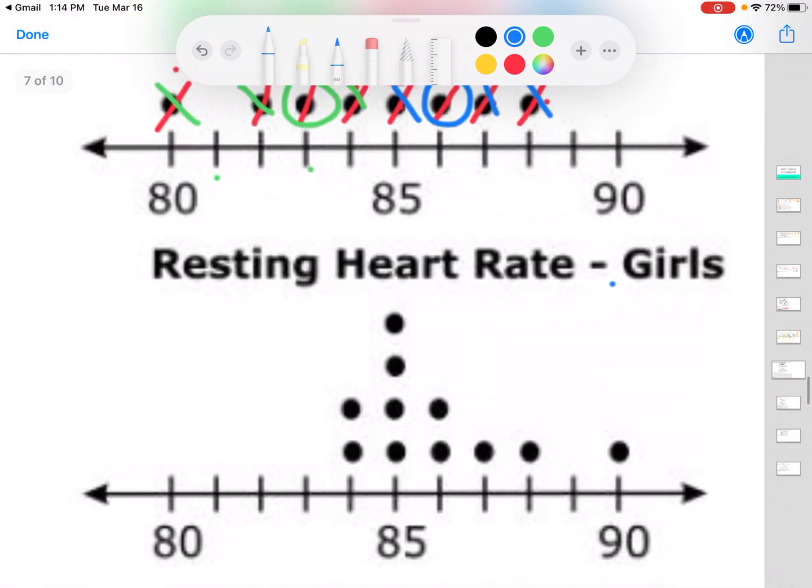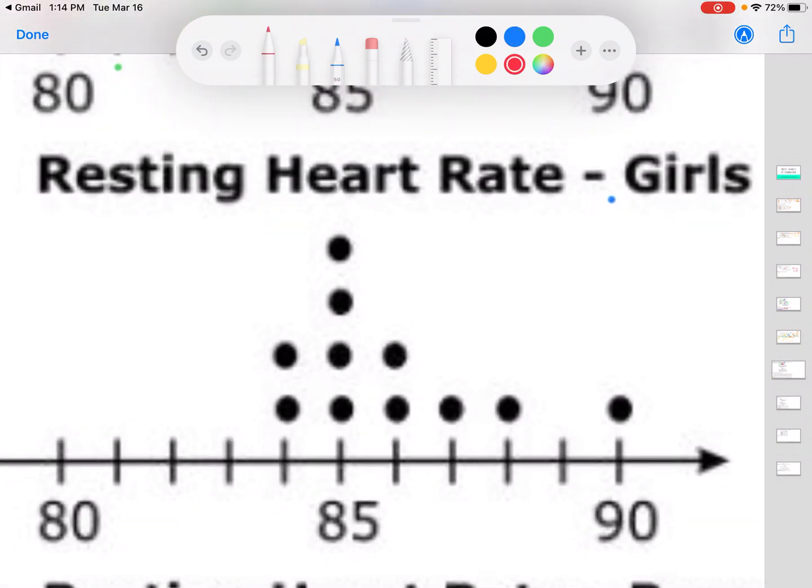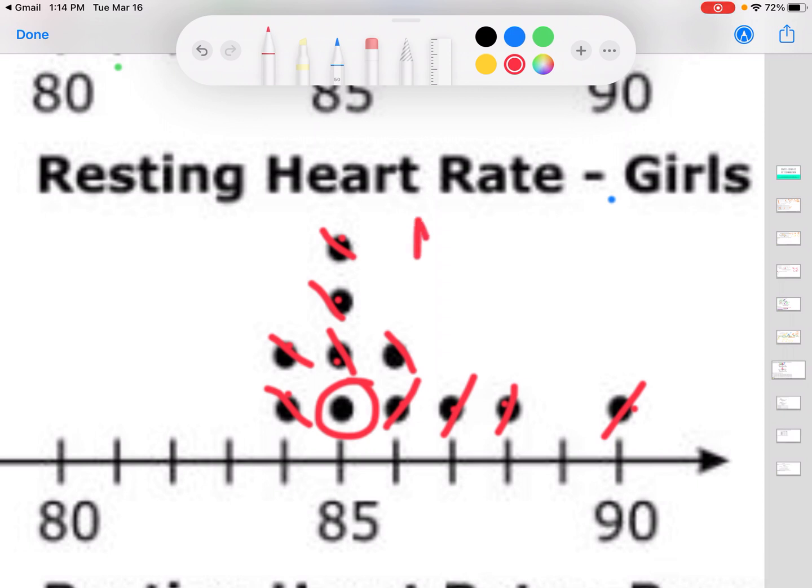All right, so I used red before, so I'm going to use red again. So I have 1, 2, 3, 4, 5, 1, 2, 3, 4, 5. So it works out. So my median is going to be 85.